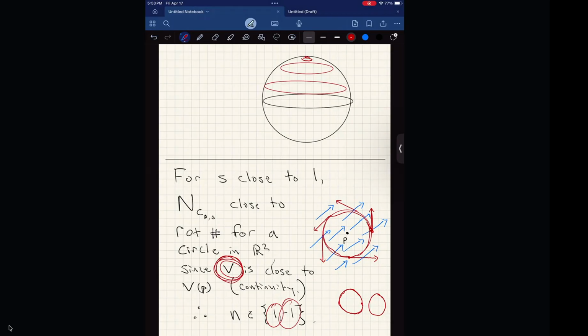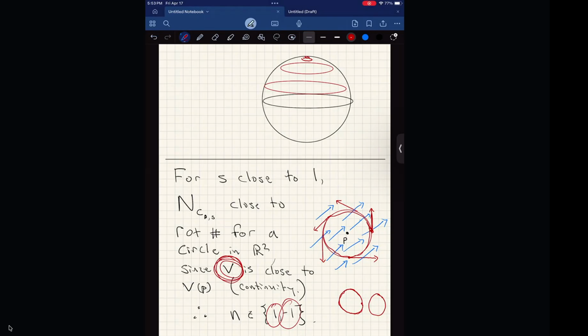So the loops I've been considering, simple means they don't intersect themselves. For example, in the plane, if I have a simple closed loop, and you do a regular homotopy, everything I've been saying shows that this rotation number is preserved.